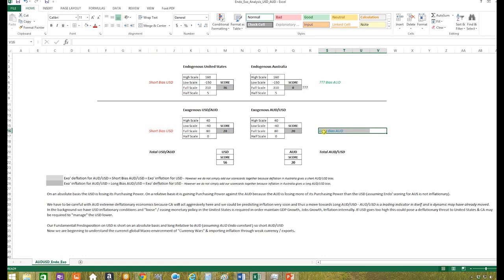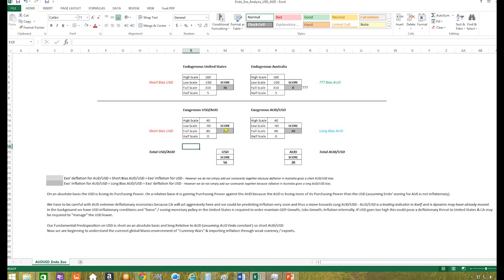What we get is a short bias by default from our analysis of the subject economy, from our analysis of the Australian economy, which gives us a default long bias on the Aussie dollar, US dollar exchange rate through the dynamic relativity principle, but it doesn't mean that we have deflation in the United States, because that depends on many other factors.